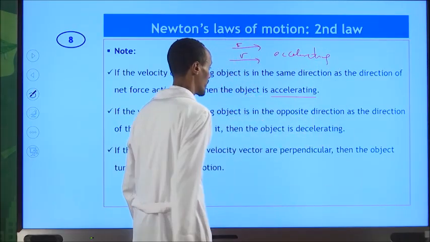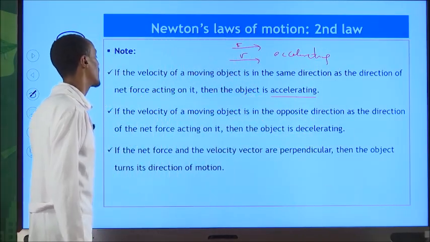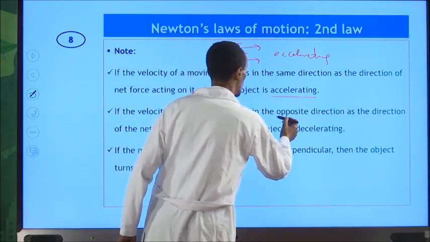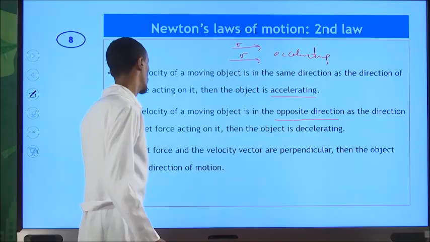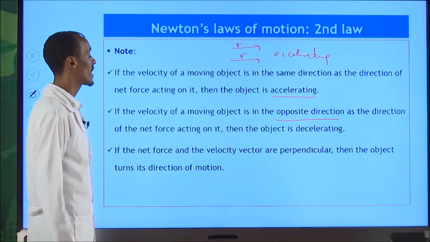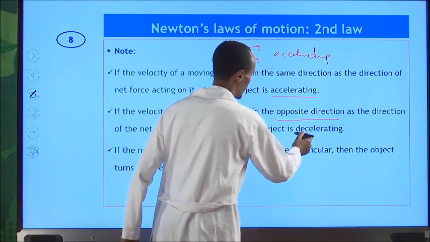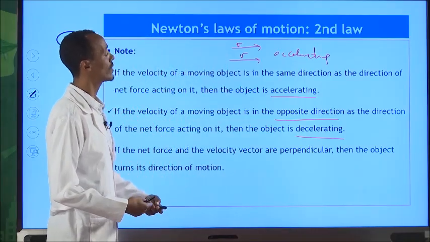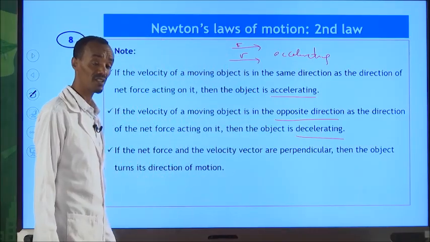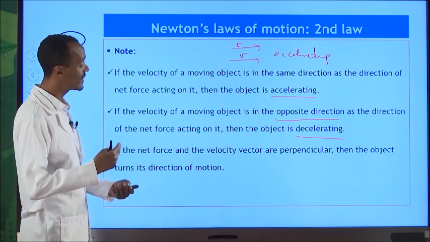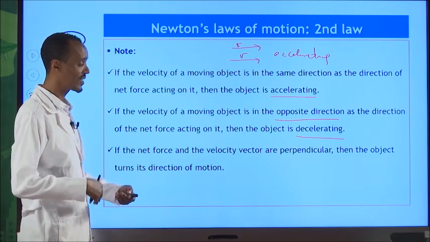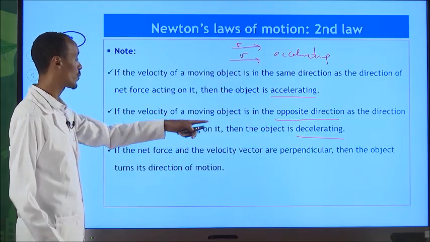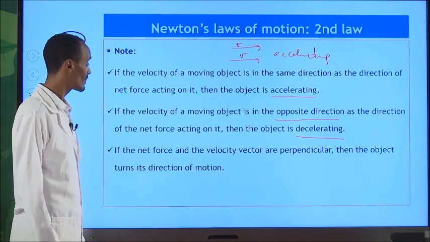In the second case, if the velocity of the moving object is opposite in direction to that of the net force, then the object is decelerating. Why? Because the force is applied in the opposite direction to the direction of motion of the object, and the velocity is decreasing each second because of the application of force. And such a case is what we call deceleration.